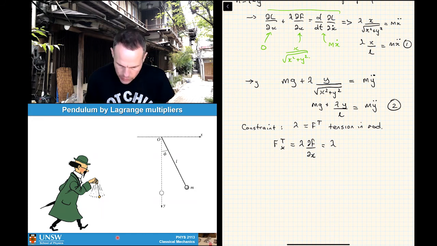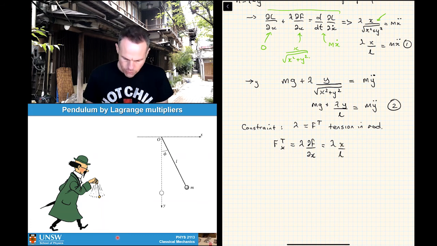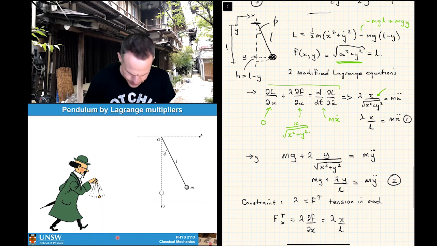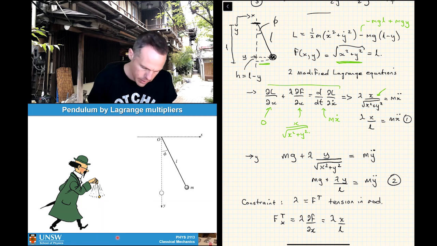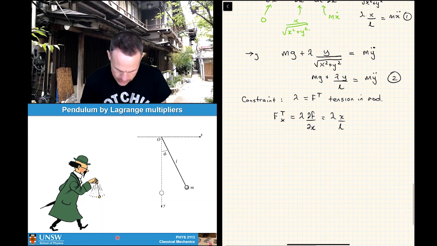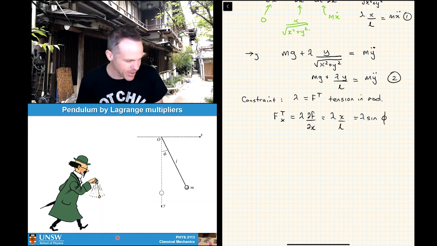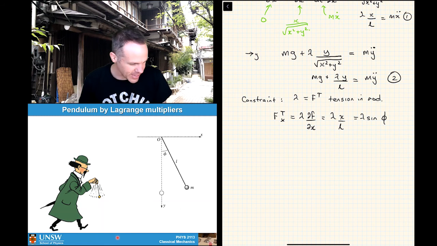We took that derivative just up here. So it's going to be x on L. And if we go back up to our diagram up here, we know that x on L is going to be sine of phi, right? So this is just going to be lambda sine phi. And he writes theta. I'm having one of those days. So this is number 3.